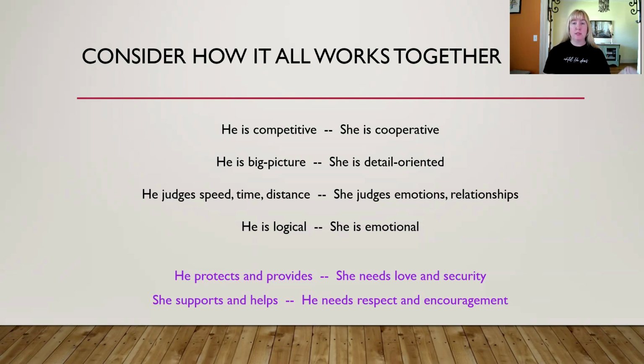And he can use those innate abilities to judge speed, time, and distance, which is that external focus coming from the right amygdala and the left IPL, where she can judge emotions, emotional state, relational well-being, relational cues, because her brain is working in a mirrored and complementary fashion.